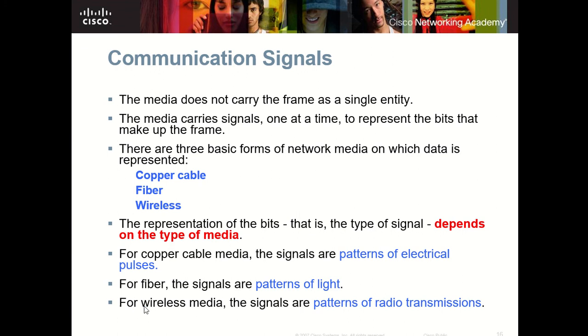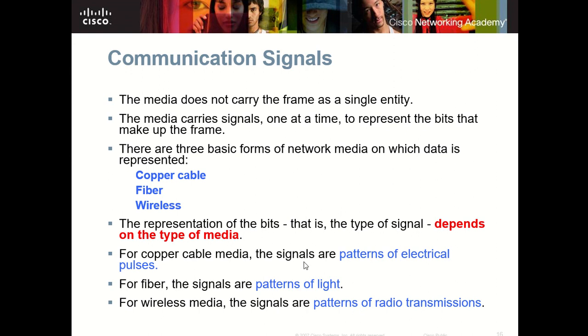And if ma-determine niya nga fiber ang gigamit nga pasahan para maabot ang frame or ang packet sa next nga hop, then i-convert niya ang frame as patterns of light. If wireless pod ang media nga agihan sa frame, then i-convert niya ang signaling diha are on the patterns of radio transmission.